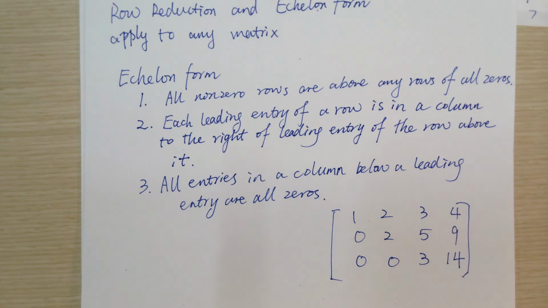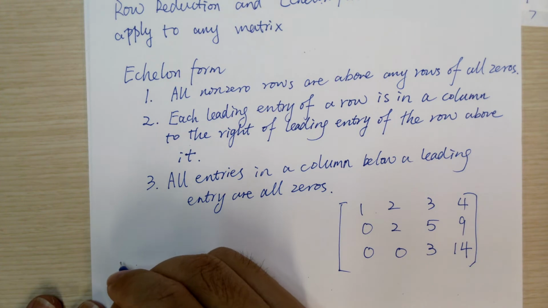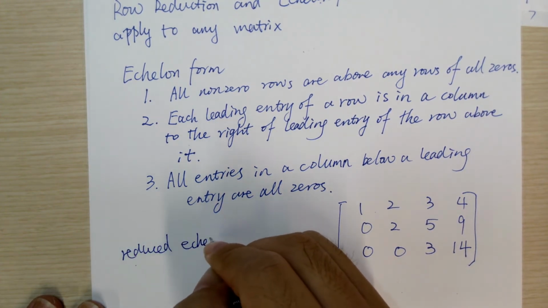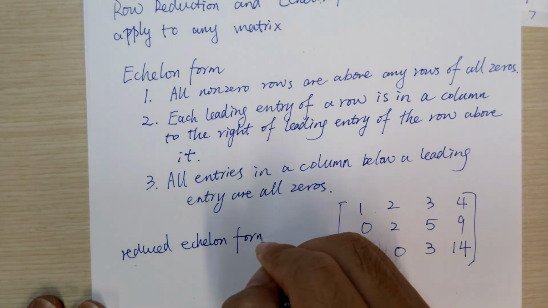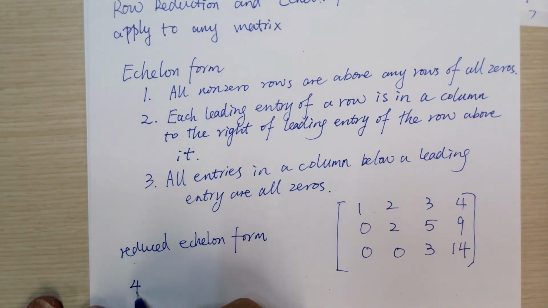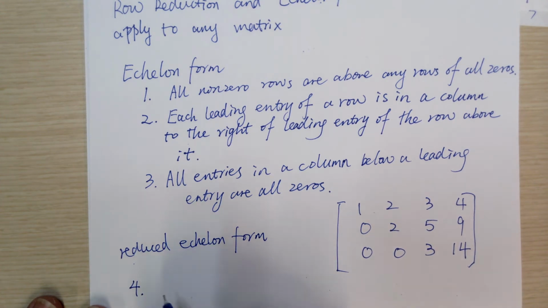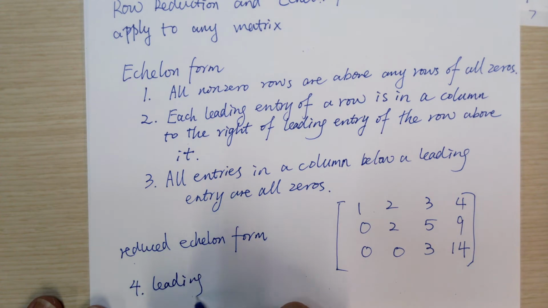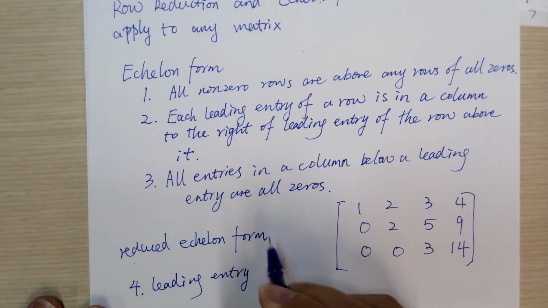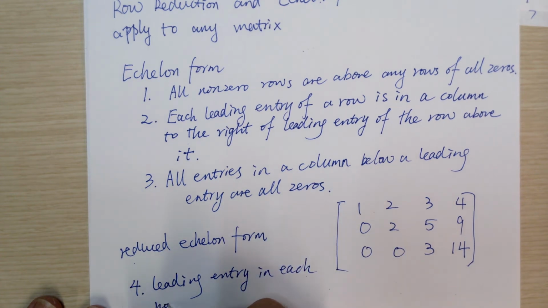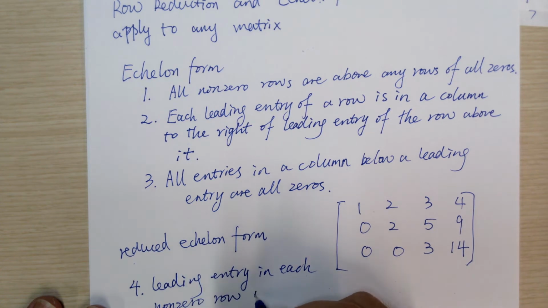On top of that, we can introduce what we call the reduced echelon form, which needs just two more properties. The first one is that the leading entry in each non-zero row is 1.